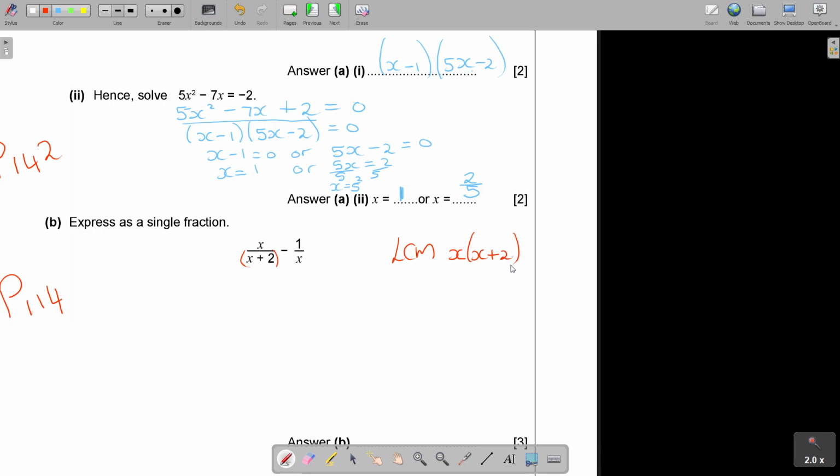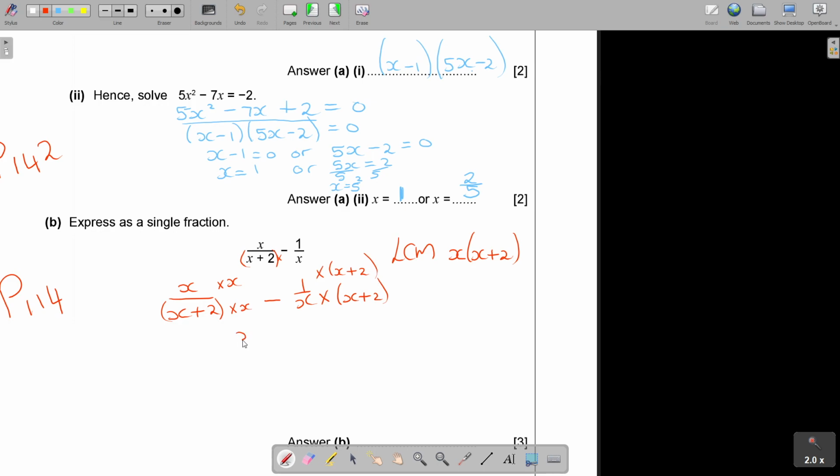So basically, I'm just going to multiply there. Okay, I'd rather write it out to create space. Always put brackets. So I multiply there with an x and an x, and I multiply there with the bracket x plus 2 and the bracket x plus 2.